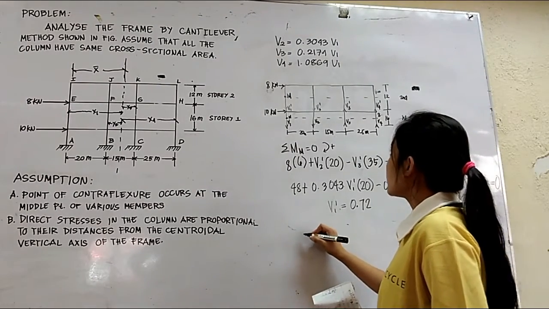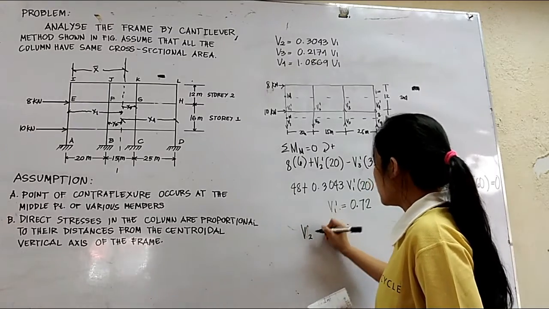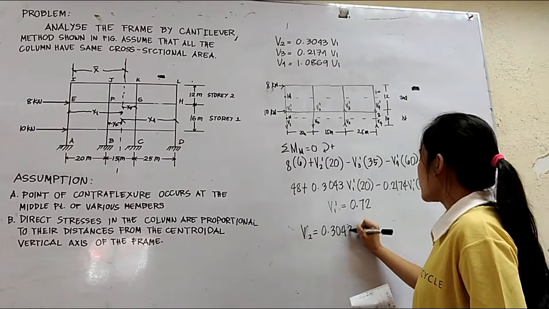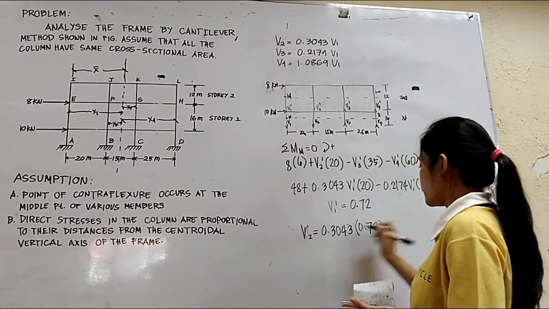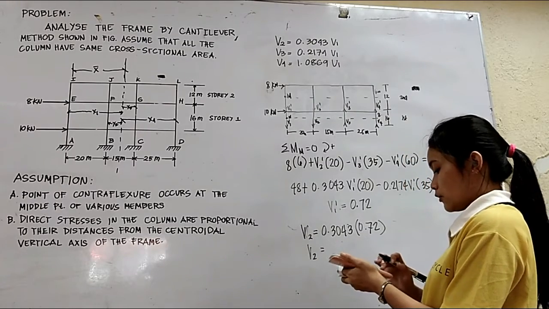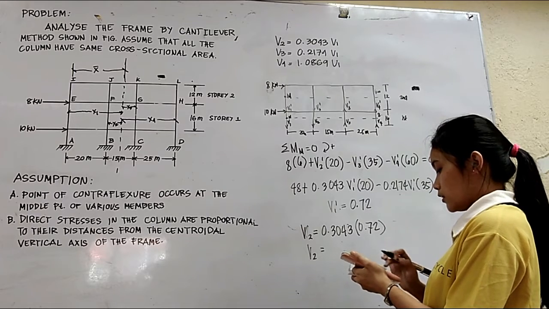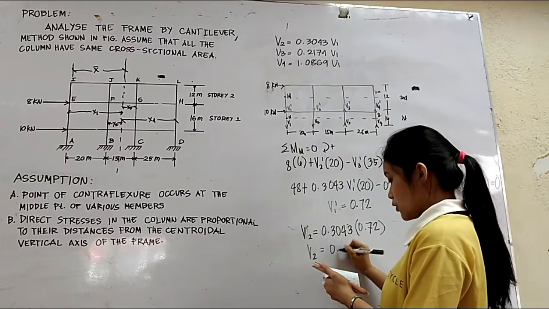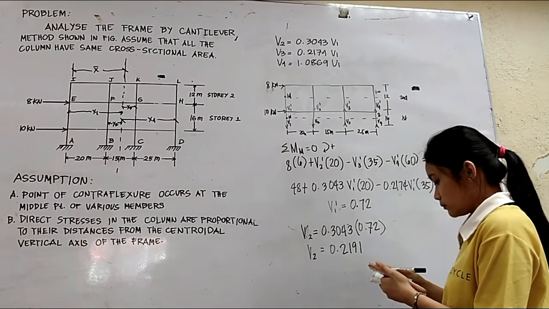So, our V2 is equal to 0.3043 times V1, which is 0.72. We have a V2 value of 0.2191.